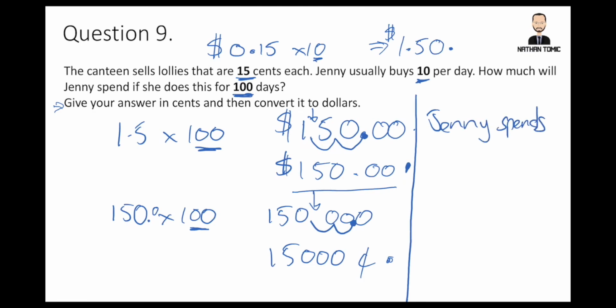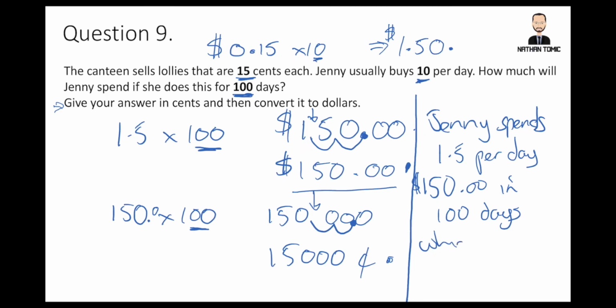spends $1.50 per day. What should we say? $150 in 100 days, which is 15,000 cents.